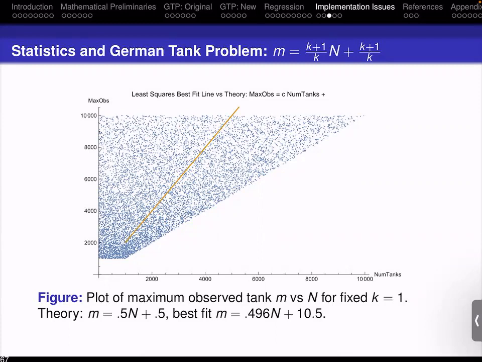That's impressive. When you look at it, the fit doesn't look that great. There's a lot of variation going on. But in terms of just numerically, coming up with the right line, 0.496 versus 0.500, I'm quite happy with an error that small with real world problems. I'm a little bit off in the intercept.